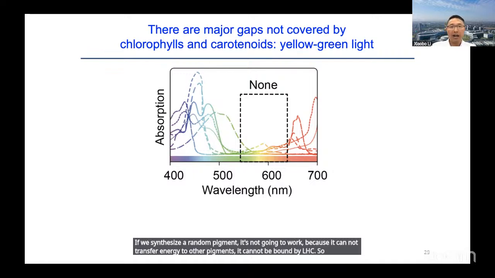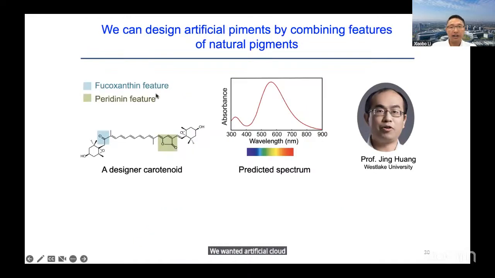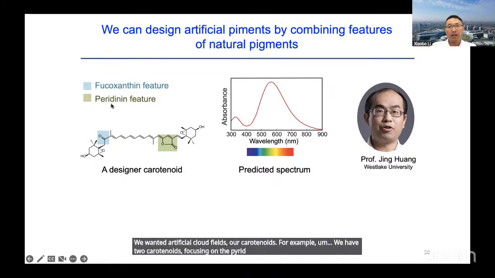So we want artificial chlorophylls or carotenoids. For example, we have 2 carotenoids, fucoxanthin and peridinin, and they have chemical group modifications that lead to a red shift in their absorption spectrum. And we could design a carotenoid that combines the features, which could give an even further red shift.